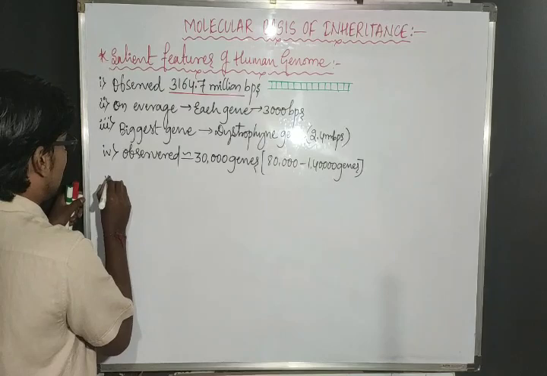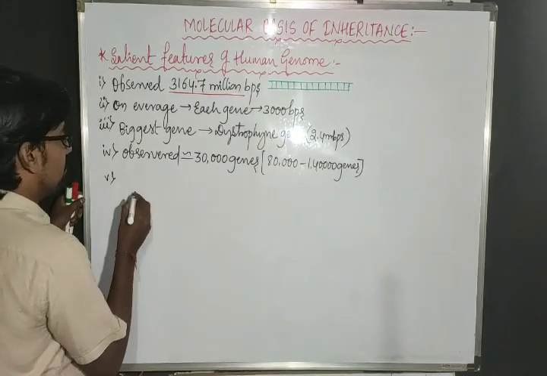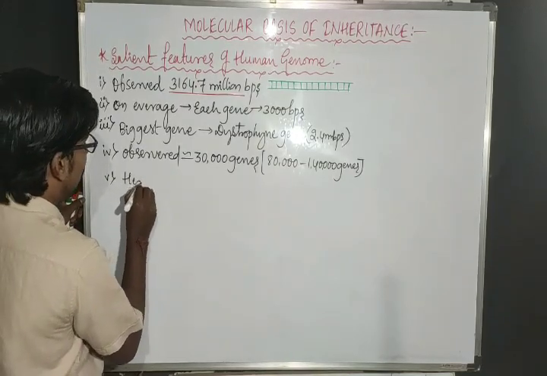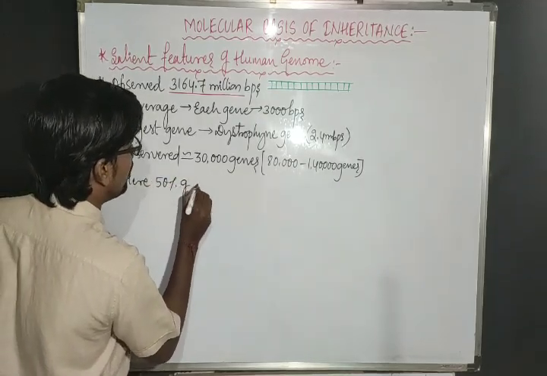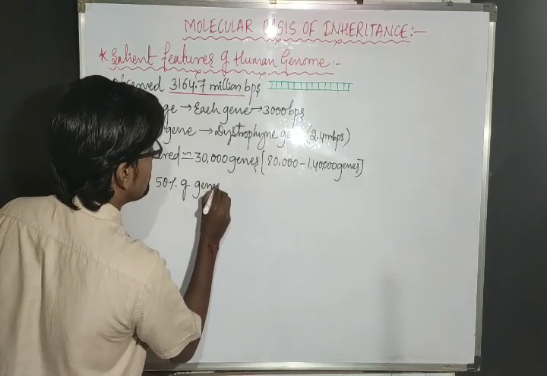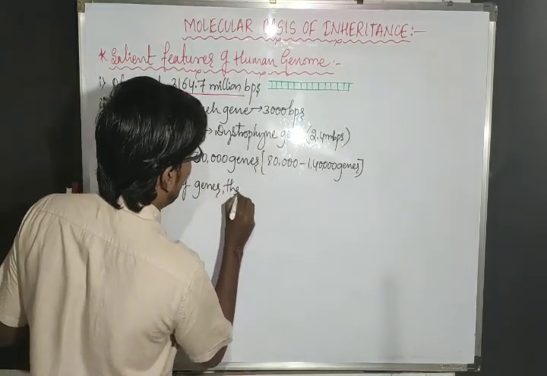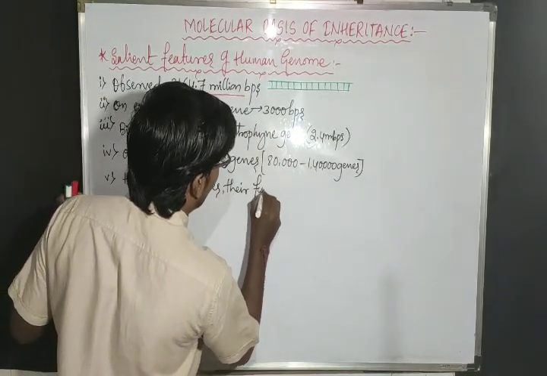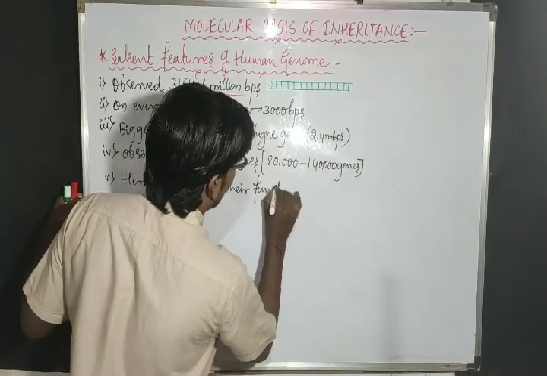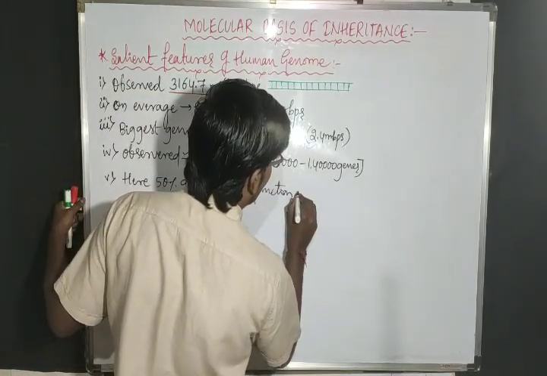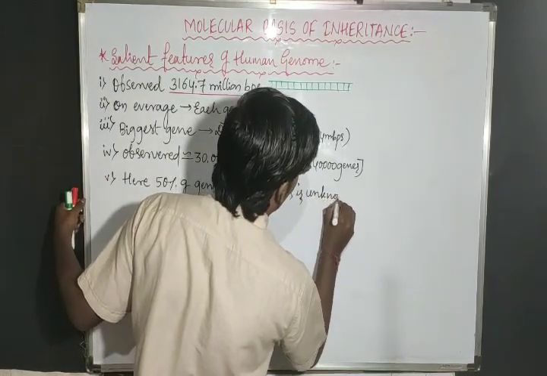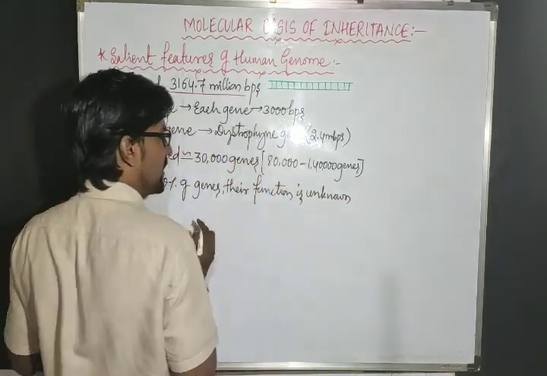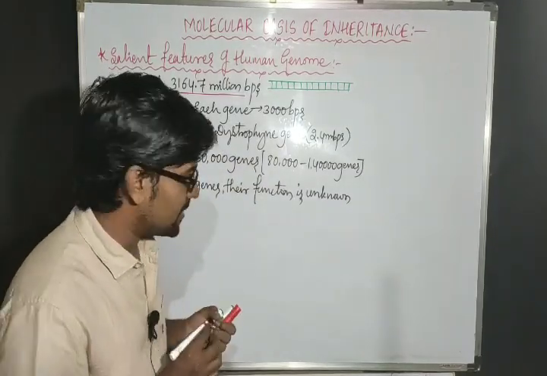And the next one. Here, nearly 50% of genes, their function is unknown. See, this is a very interesting thing.